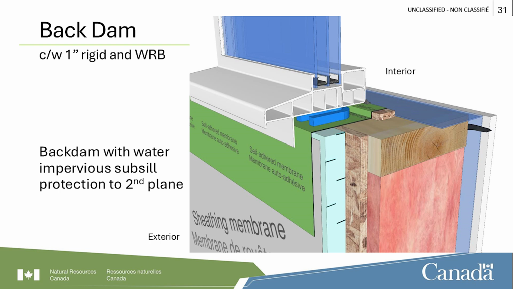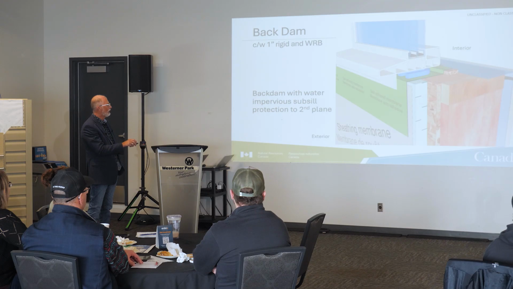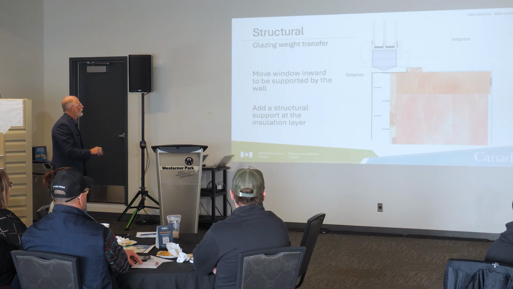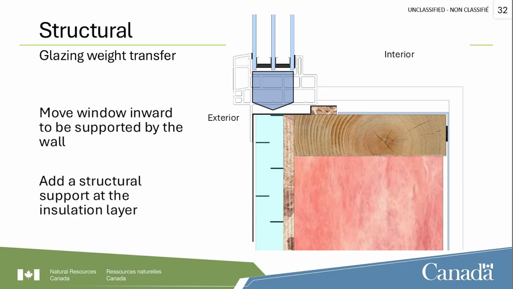That needs to be transferred through the setting block, through the frame, and onto the support block underneath, and transferred down into the structure, not into the foam area. So when we're looking at these designs, the structural weight, in this type of window design, this isn't going to fly. Eventually, that's going to sag so much that you're going to lose integrity of the window and it's going to be damaged.